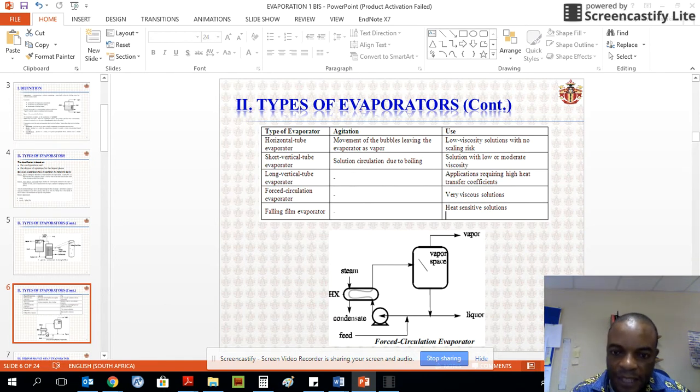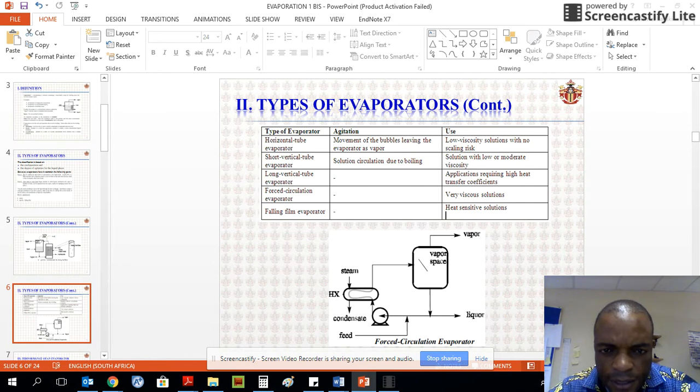We discussed previously the major parts which compose an evaporator. And you are also expected to be able to name some examples of applications involving evaporation in chemical engineering.